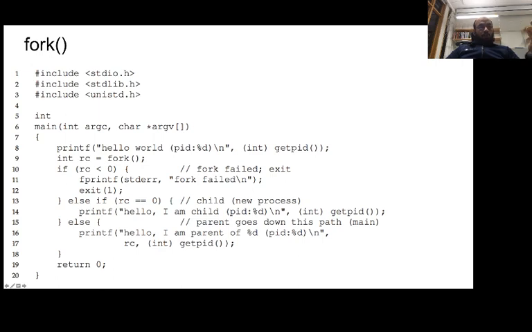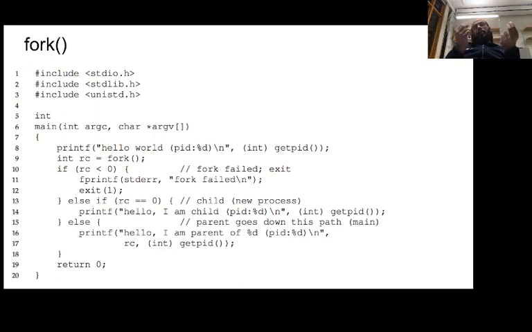When you call the system call fork, if that number is less than 0, that means there has been an error when trying to fork the parent. If the fork result is equal to 0, this means that this is now the child. If it is not equal to 0 and not less than 0, i.e. greater than 0, then this is the parent.